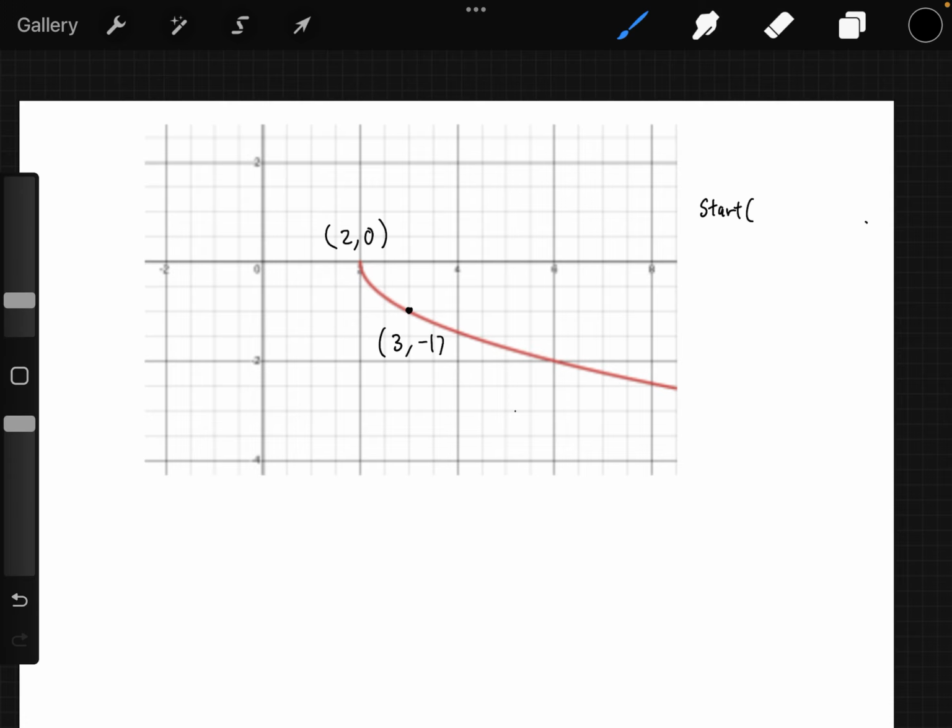So with these values, we know that our starting point is at 2, 0, and we know that there's a vertical reflection, so we know that the value of a will be negative.